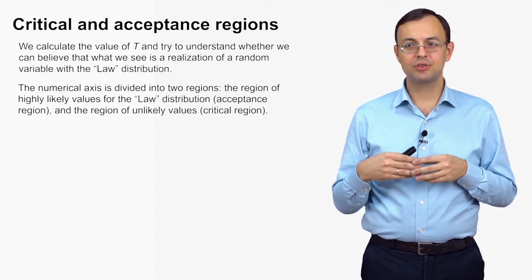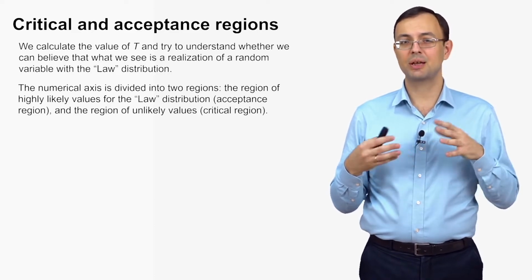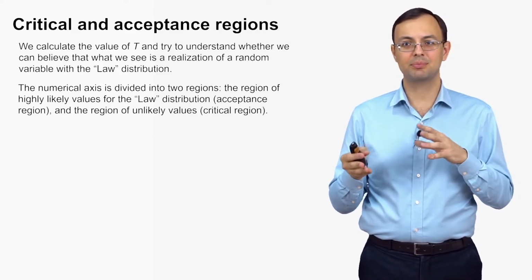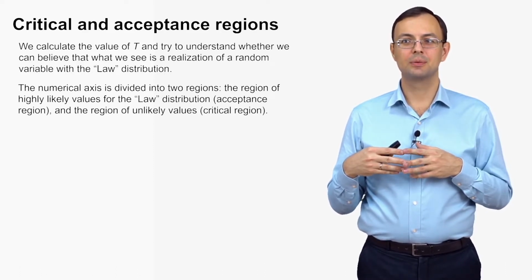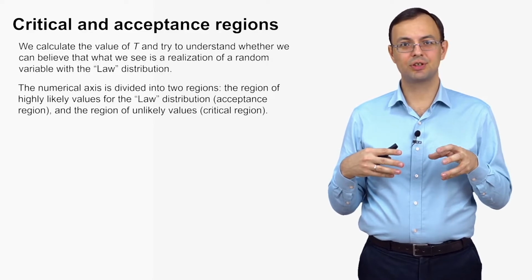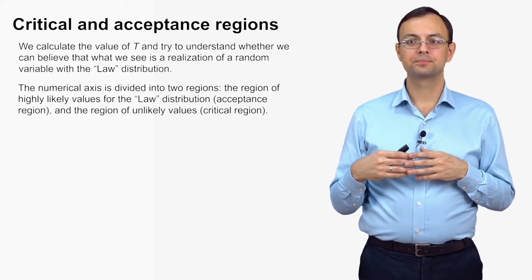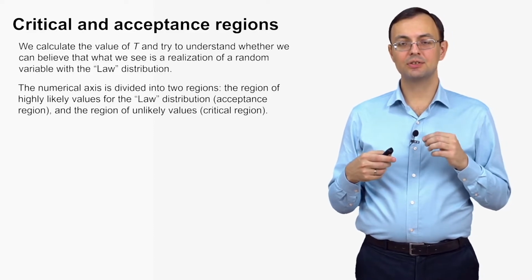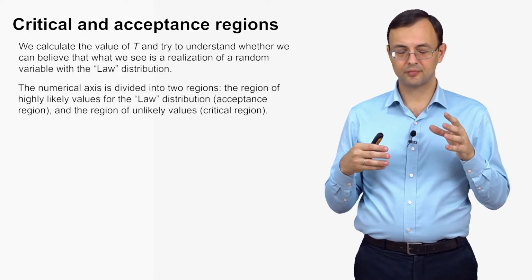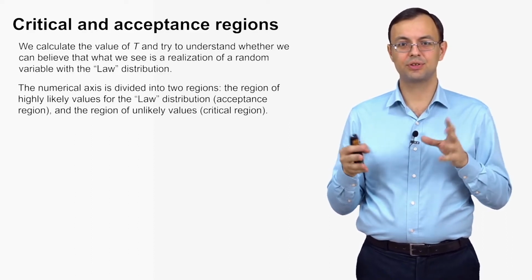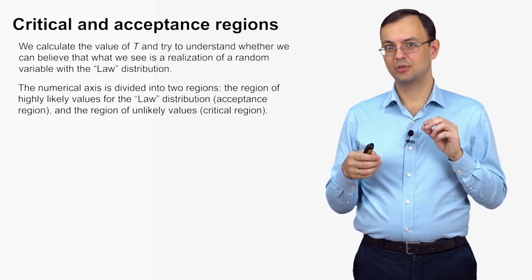And these two regions are called acceptance region and critical region, or sometimes they are called region of acceptance and region of rejection, sometimes confidence region and critical region. So there are different names. But still, you are to divide the numerical axis into these two regions.